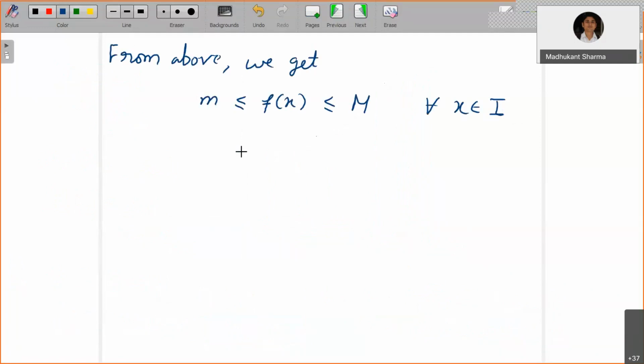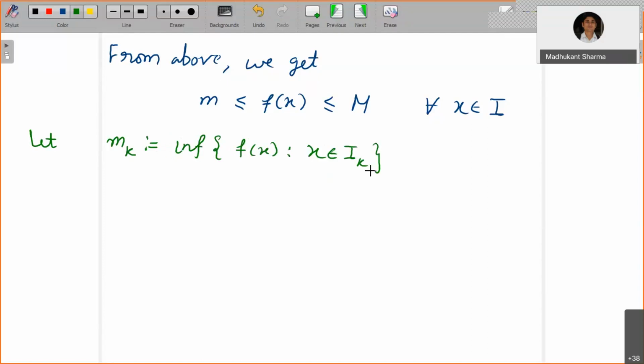Then in the Darboux approach we have tried to identify the lower sum and the upper sum by creating rectangles which lie below the curve, which we call the lower sum, and if we consider those above the curve, we call it the upper sum. So what was the process? Let small mk be defined as the infimum of f of x such that x belongs to Ik.